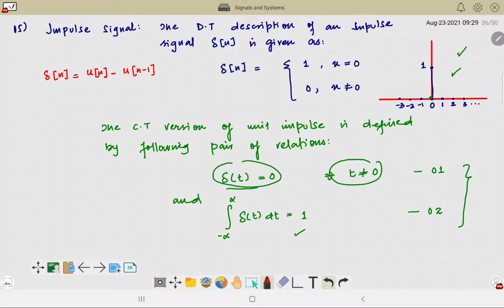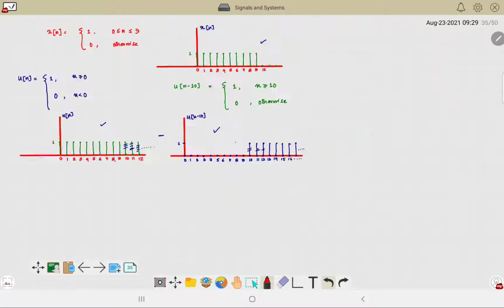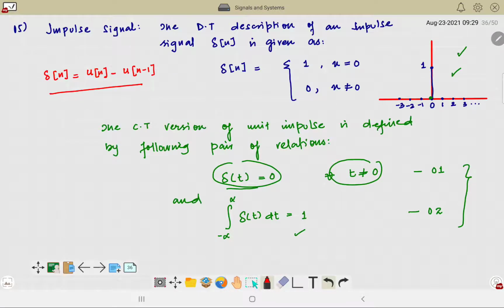So I'm subtracting from the original unit step function another unit step function which has been shifted towards the right by 1 unit. Again, you can easily see it graphically, similar to the example we did earlier.